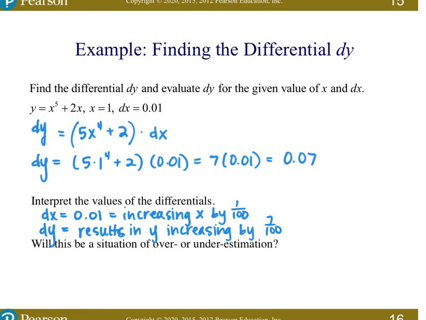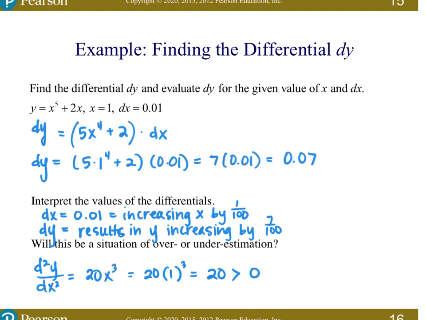Okay, will this be a situation of over or underestimation? Concavity still applies here. So we want to find the second derivative, which would be 20x to the third. And in this situation, when x is 1, I get a positive concavity.